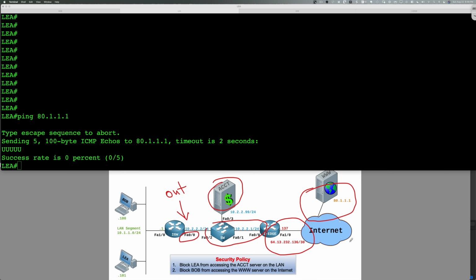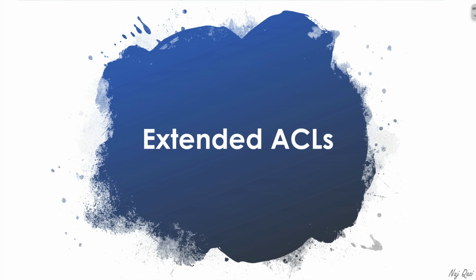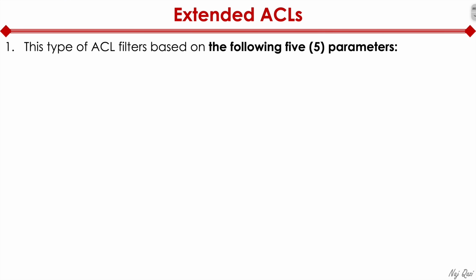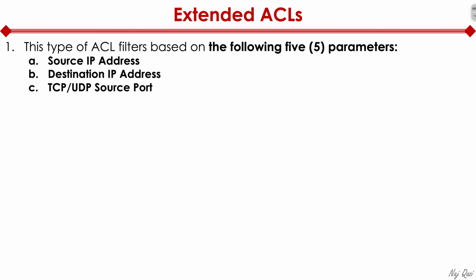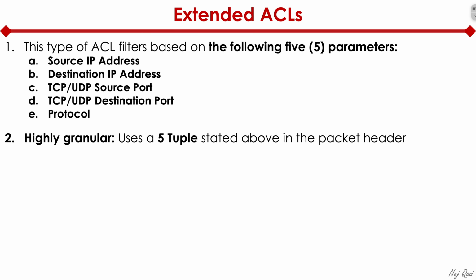And this is a perfect segue into the extended ACL. Now let's quickly shift our attention to extended ACLs. This type of ACL filters on the following 5 parameters: source IP address, destination IP address, source port, destination port, and protocol.